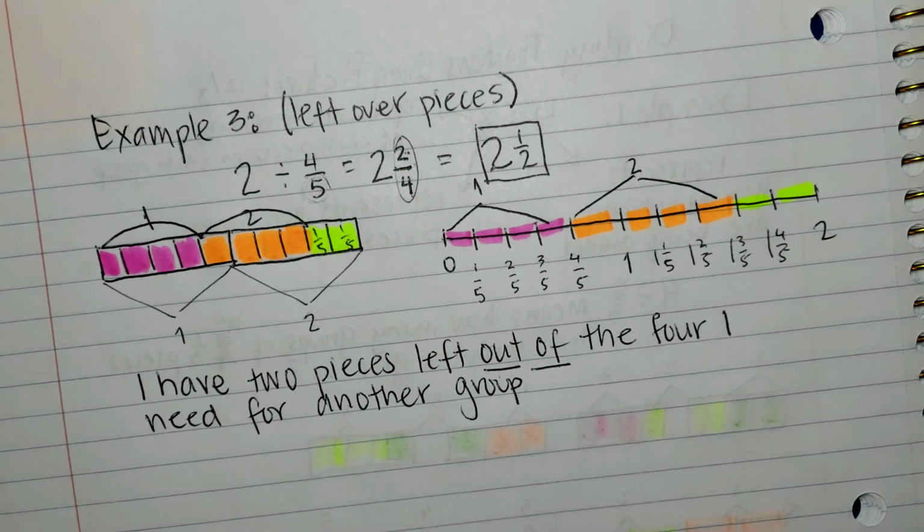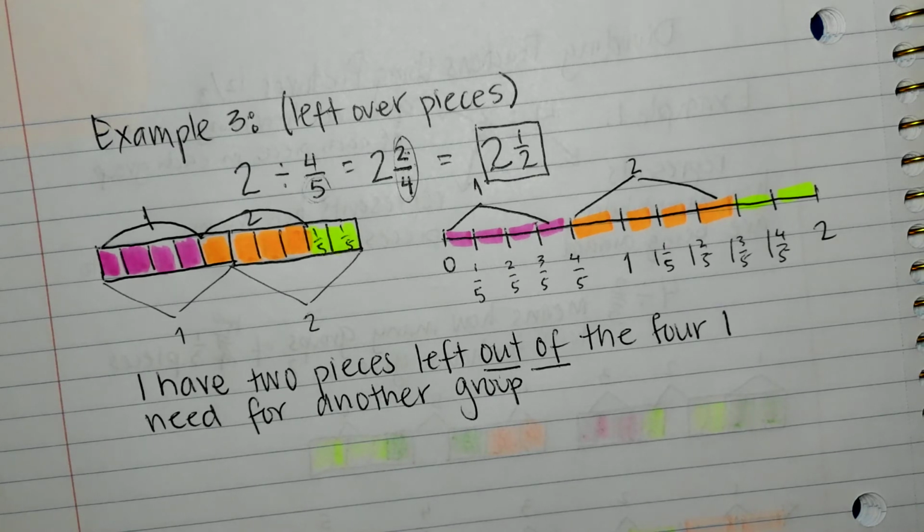Out of means divide. 2 out of the 4. It's only a half. I only have 2 of the 4 that I need. And we did that yesterday or today in the morning a little bit with our cheese problem, if you remember.